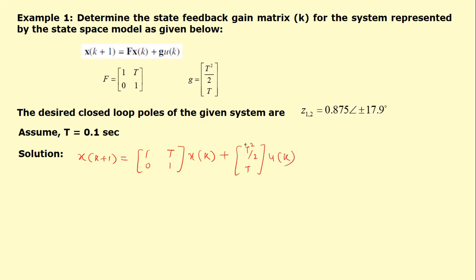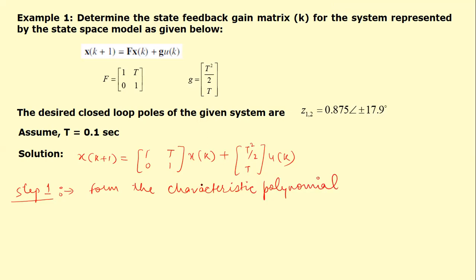This is the state equation of the given system. Now the first step is to form the characteristic polynomial.